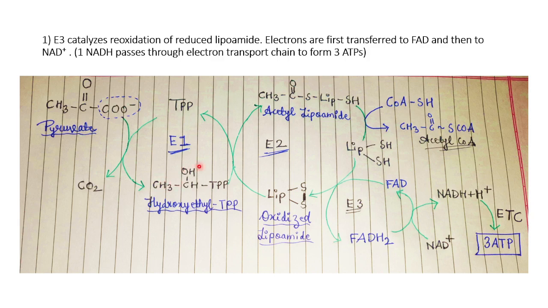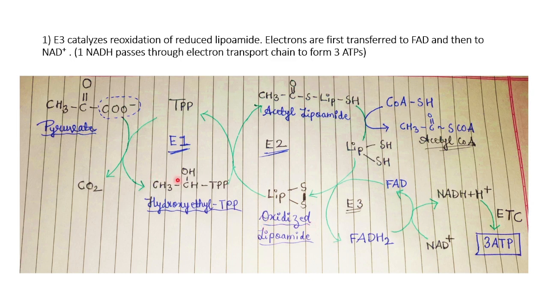So this acetyl group which is left will combine with lipoamide. How it will occur? Enzyme 2 has bound lipoamide, which is initially present in its oxidized state.